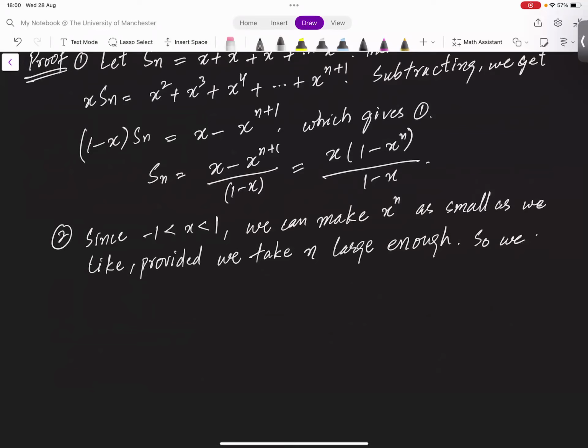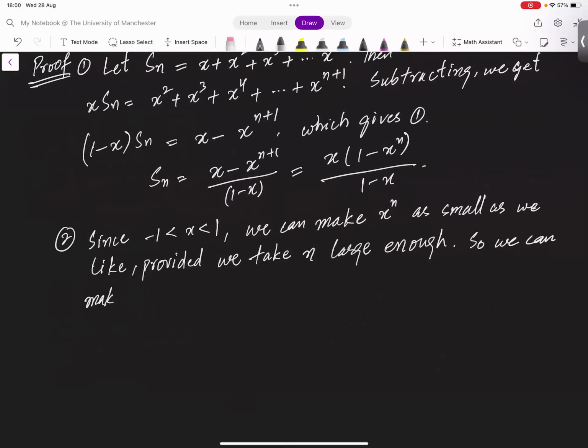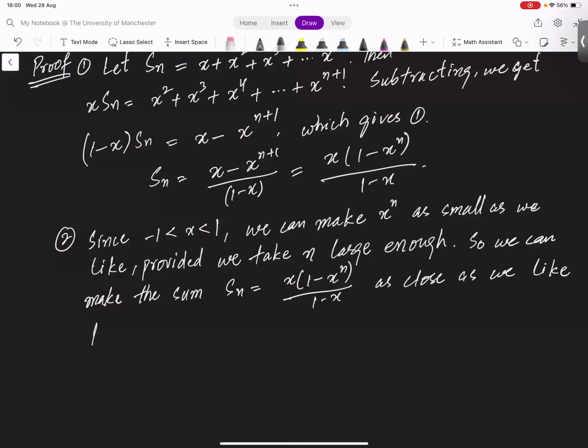So we can make the sum Sn, which is x times (1 minus x to the power n) over 1 minus x, as close as we like to x over 1 minus x, provided we sum enough terms.